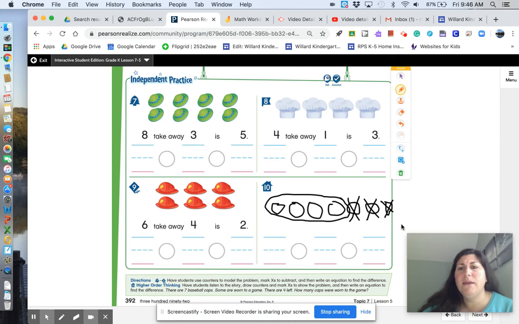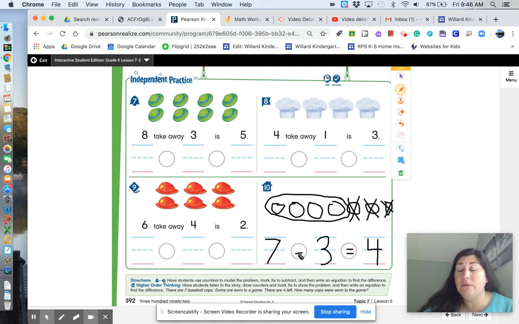So there must have been 1, 2, 3 taken away, and then 4 are left. So there are a few ways to write this equation the right way. This is the way that I would do it. So I would start with my whole, and I'm going to take away 3. Then I'm going to use my equal sign to show how many are left. This is 4.